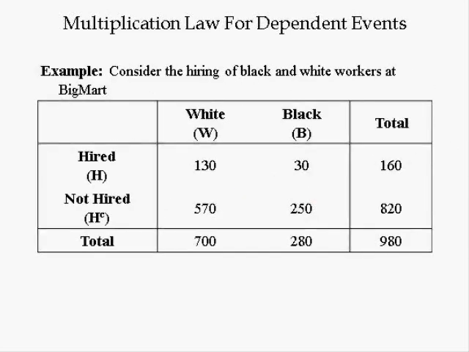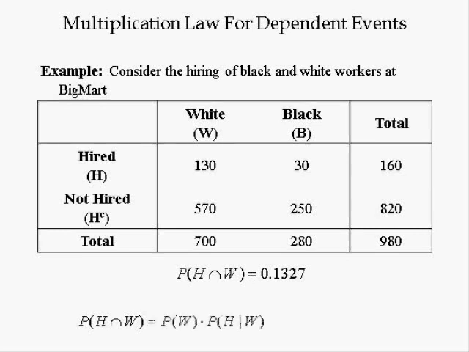The probability that a randomly picked applicant is hired and white is 130 divided by 980, which is 0.1327. Using the multiplication law gives the same amount. The multiplication law is the product of the probability an applicant is white and the probability the applicant is hired given she is white.